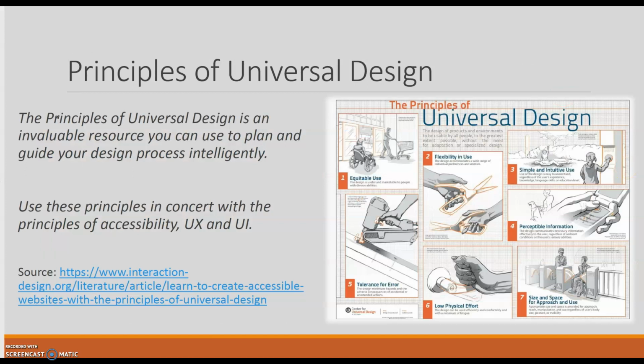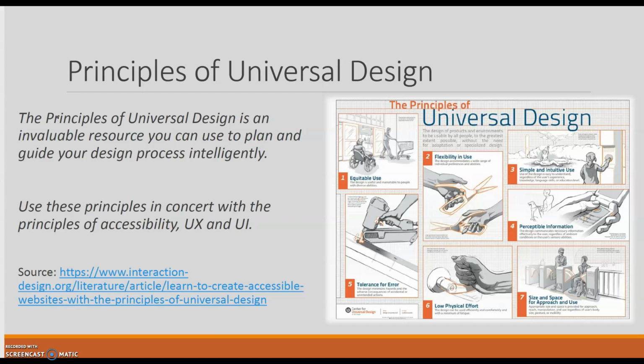Additionally, another thing that I want to bring back to your awareness is the principles of universal design. We talked about it at the very beginning of the course, but it is a concept that if you can keep in mind overall, you will have even better design. So accessibility is a component of universal design.